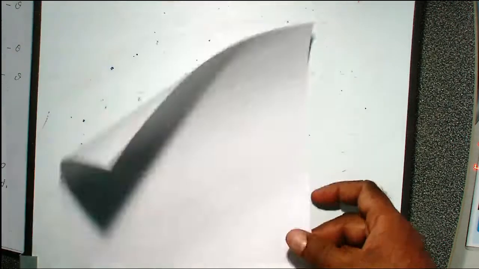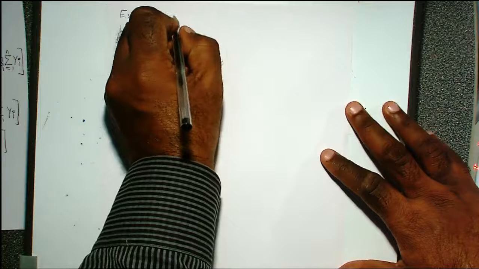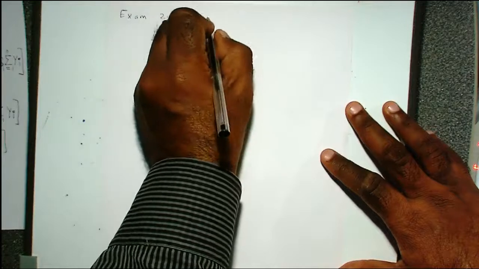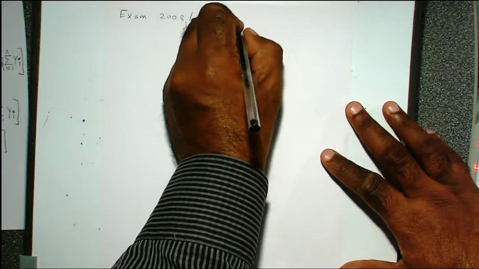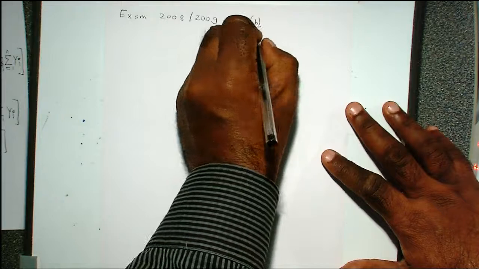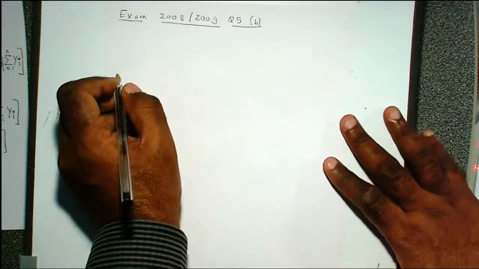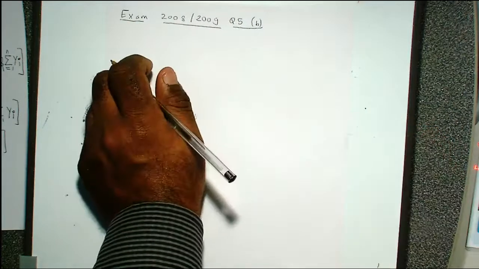So let me do this one now. Where's my pen? So this is the exam paper without the solution, guys. Exam 2008, 2009, question 5, part B. Okay? So I'm going to do this part, guys.